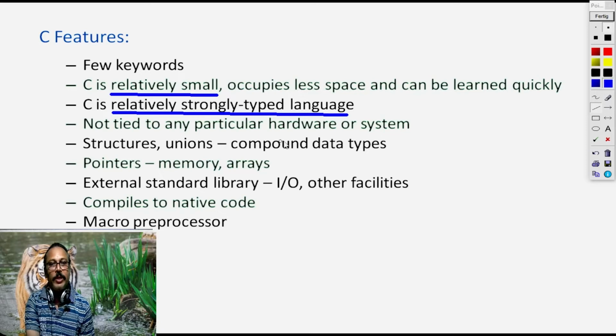C is not tied to any particular hardware or system, so they are portable. You need not bother about the portability. And C has some features like structures, unions, pointers, etc., which are advantageous.